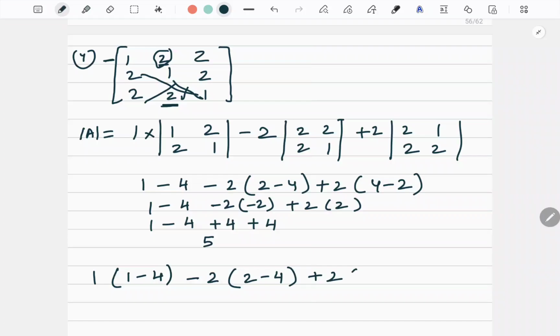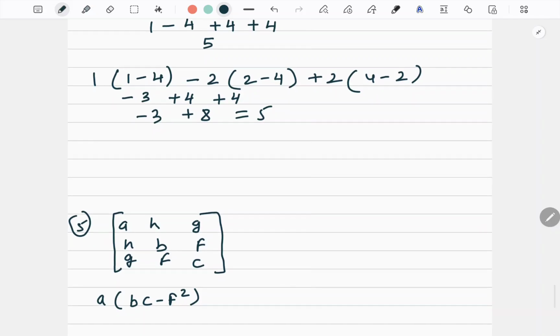Then the third one is plus 2. So this minus this, so 2 twos are 4 minus 2. So this is minus 3. This, 2 minus 4, is minus 2. Minus 2 into minus 2 is plus 4. 4 minus 2 is 2. 2 twos are 4. So minus 3 plus 8, which is equal to 5. So directly also you can write; if you skip this step, it is perfectly okay.